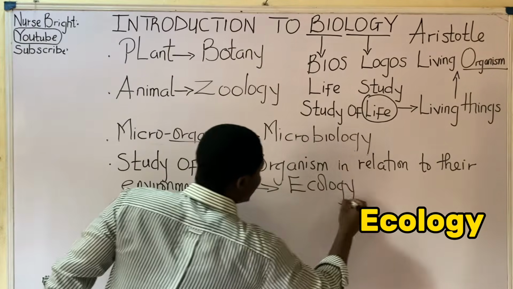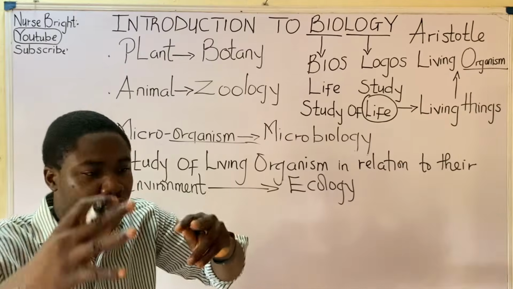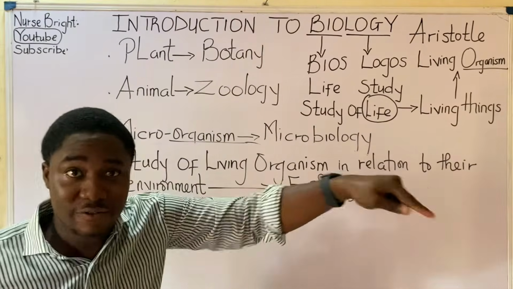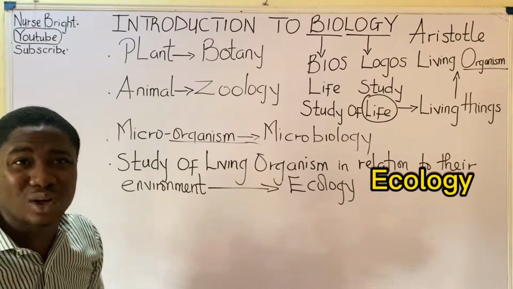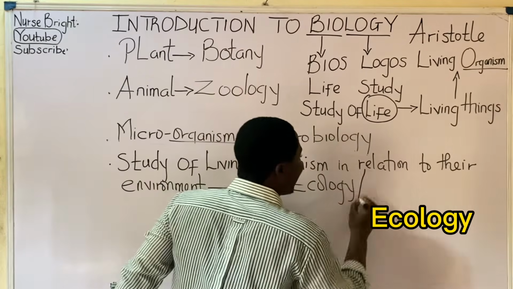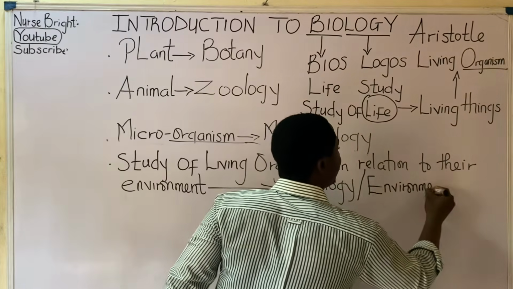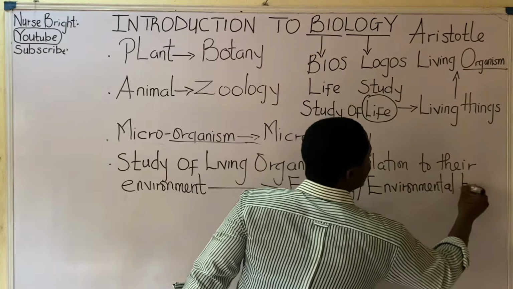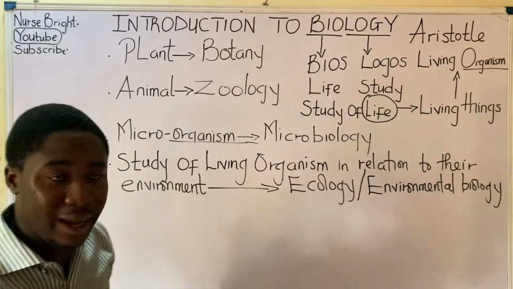Take note, when we study organisms in relation to their environment, in relation to how they behave in their environment, what do we call that branch of biology? We simply call that what? Ecology. That is why ecology is also regarded to be called environmental biology. Do you understand? It is one important branch of biology.